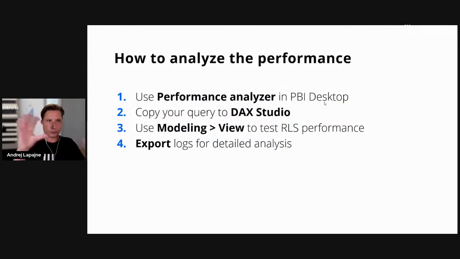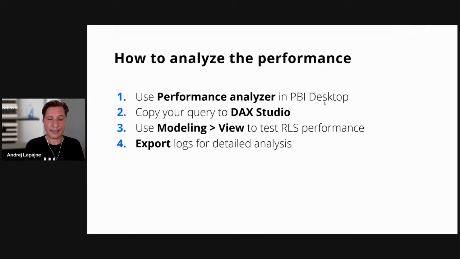So to wrap this up, use the performance analyzer in Power BI Desktop. This is your starting point. You need to measure your performance to then manage it, right? Because you will find that most of your performance problems actually lie in your data model. You copy your query to DAX Studio and analyze it there for further analysis.